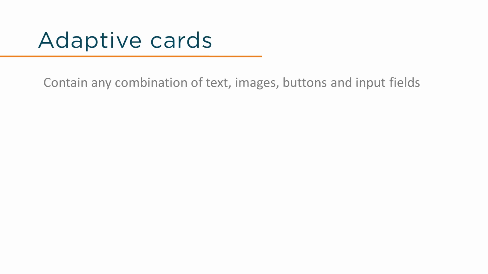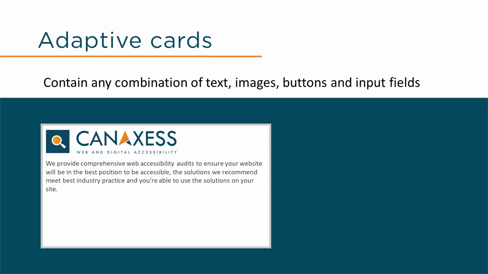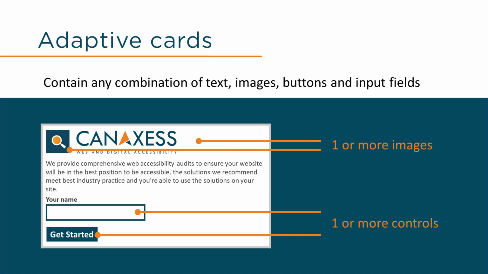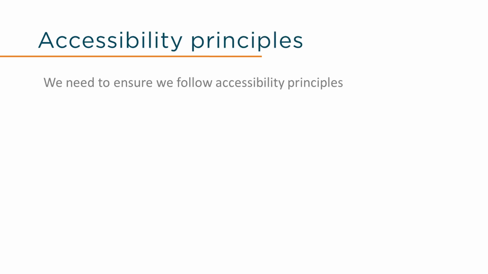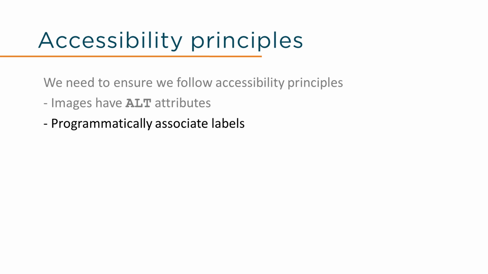Bot frameworks can also return an additional template called an adaptive card, which can contain any combination of text, images, buttons, and input fields. Because of this variety of content being returned to the user, we need to ensure we follow accessibility principles. These include provide all images with alt attributes and programmatically associate labels to form controls.